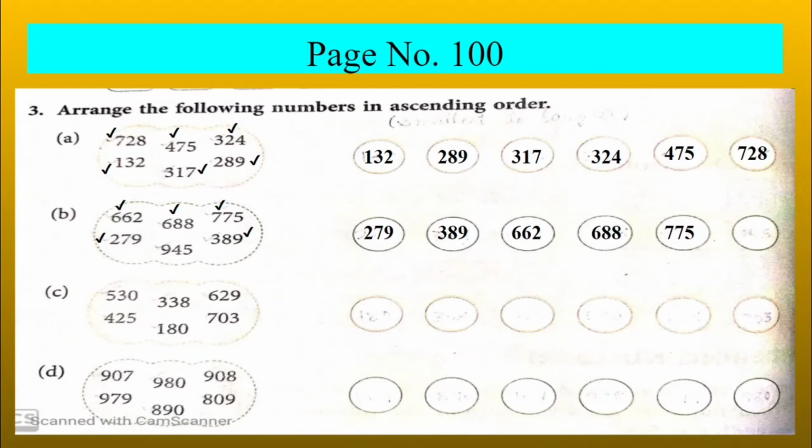Now we are left with 1 number, that is 945, and it is the largest number among all these numbers. So we will write 945 after 775. I hope you have learned how to arrange numbers in ascending order. Now the C and D part are for your homework.